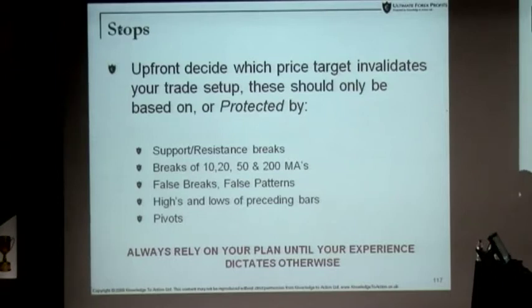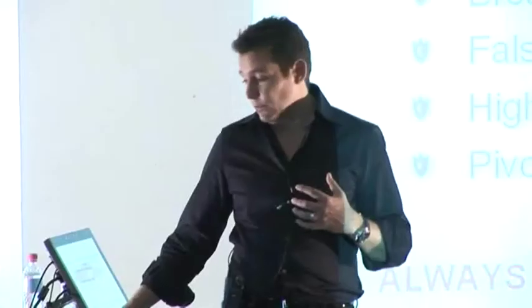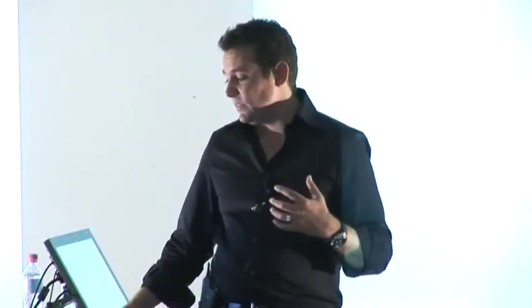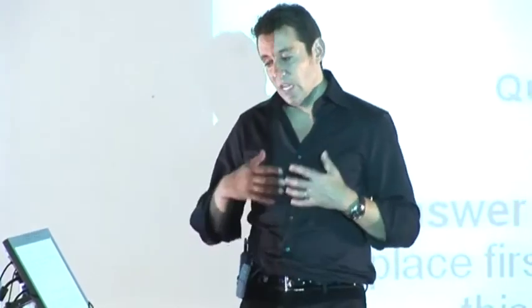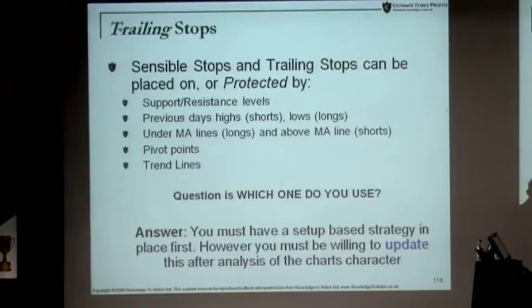And we use the plan, which is the trading strategy you're going to learn tomorrow, until our experience tells us to do something different. So we always use the plan. We're just going to use plans that you're going to learn tomorrow, and then we're going to trail stops based on these things. Support and resistance levels, under moving average lines. You've got to think, what is it on the chart that can provide some protection to me?